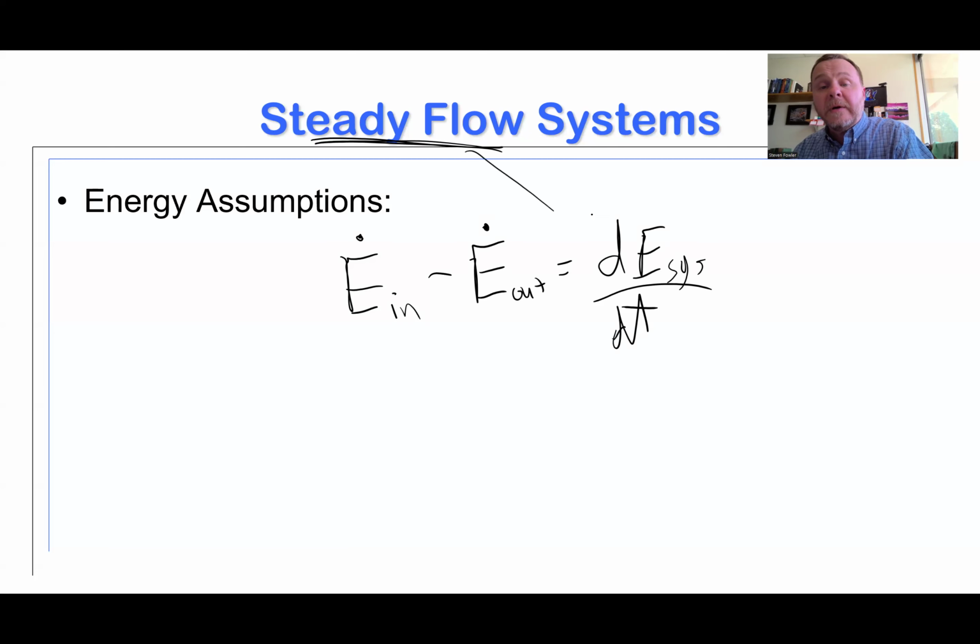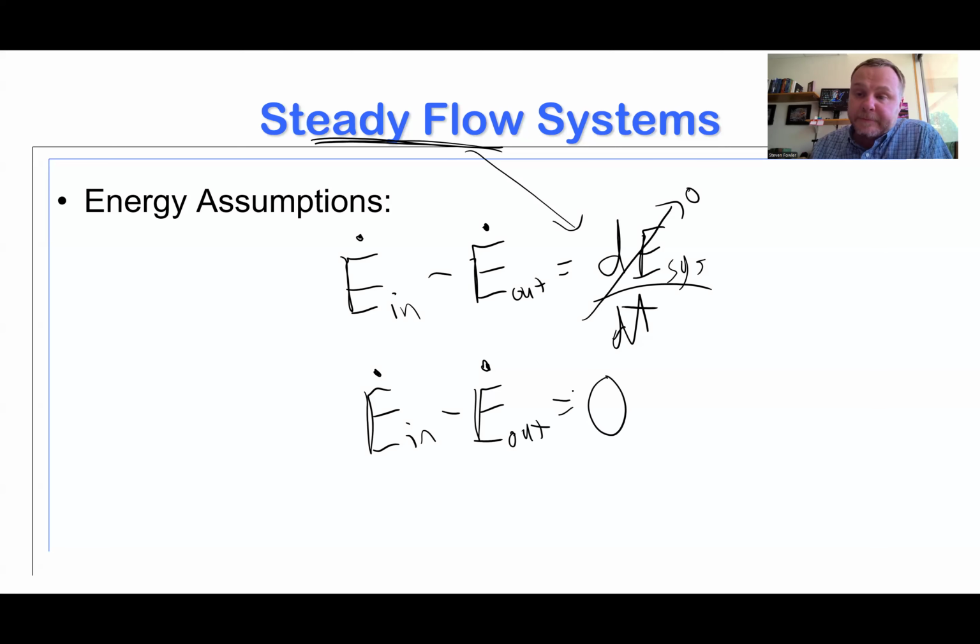Well, if it's steady flow, this term goes to zero, and you can write E dot in is equal to E dot out. How I normally leave it, I normally write it as E dot in minus E dot out is equal to zero. And I normally leave it like that. And we'll see why as we progress through the course.